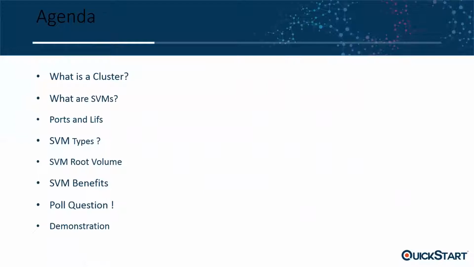You will always have to attach it to a port, so we will talk about ports and LIFs in our presentation today. Then, what are the different types of SVM? Yes, SVMs can be categorized into different types. Then, what is the SVM root volume? Finally, the benefits. I've thrown in a poll question just to have some fun and see how much you understood after this whole discussion. Then I will also give you a demonstration of the steps we can use to create an SVM. For that, I'm going to use my OnCommand System Manager.